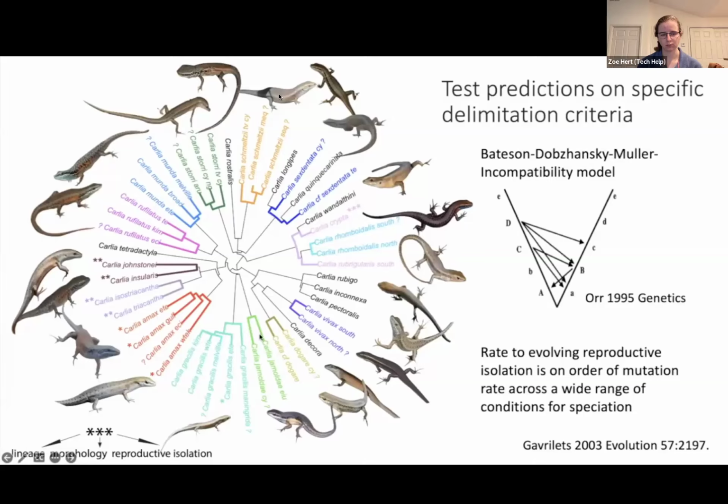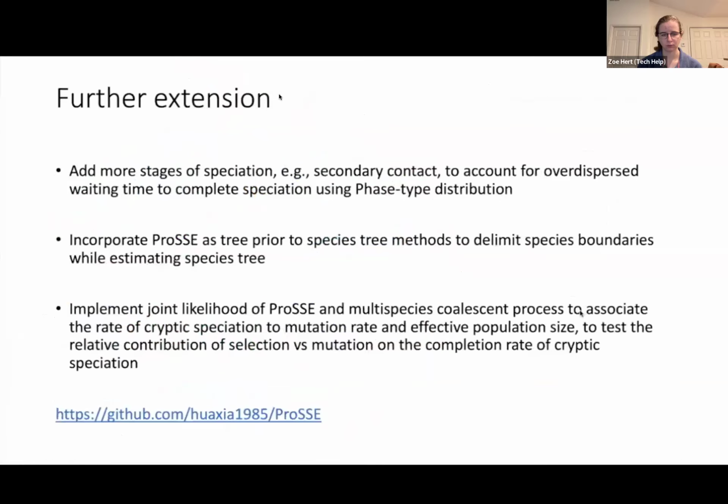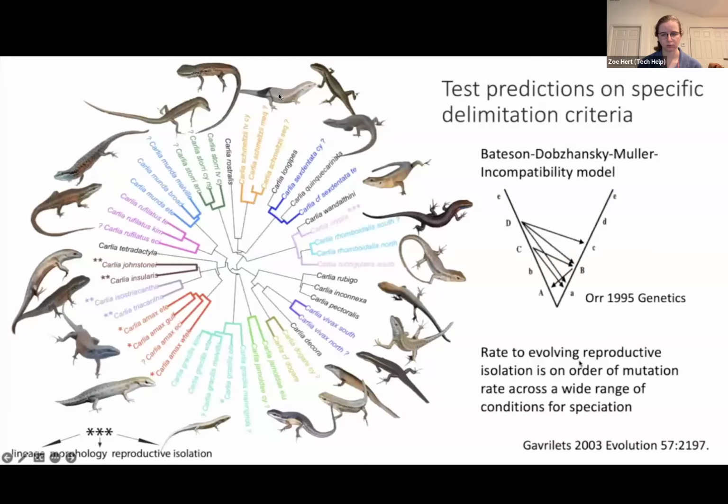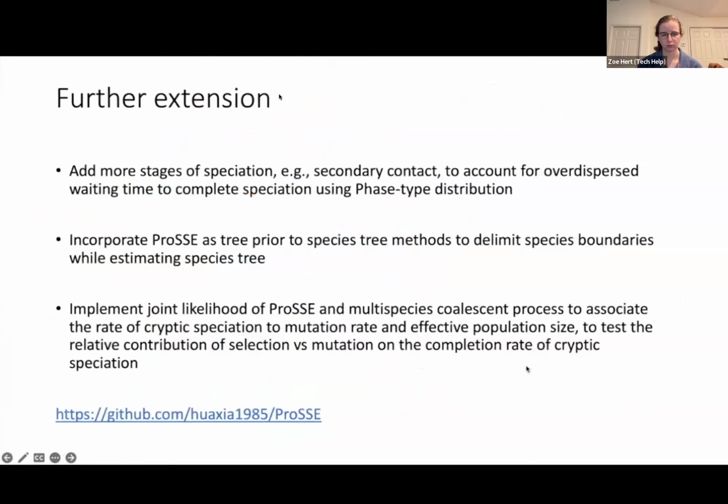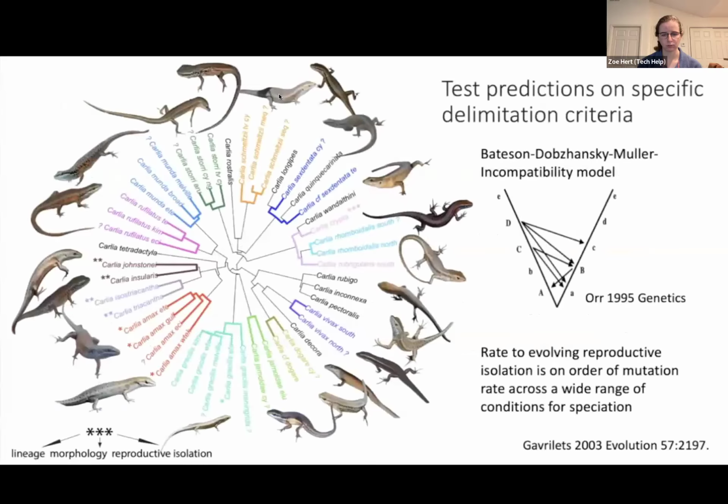Unfortunately, because there's not much variation in substitution rate among these lineages, we didn't find very substantial evidence for the BDMI model. We did find that the data favor the BDMI model, although not significantly.